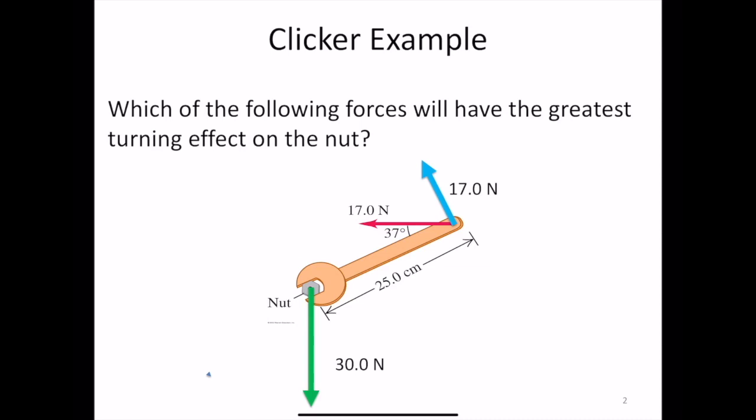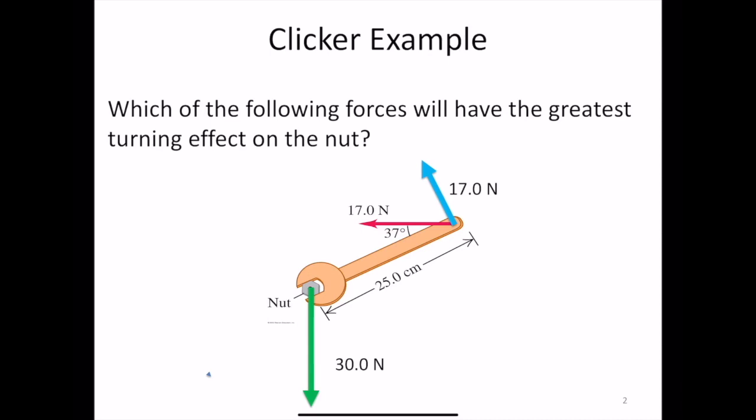The second is a 17 Newton force shown by the red arrow, and the third one is another 17 Newton force indicated by the blue arrow. Which of these do you think has the greatest turning effect on the nut? I'll let you think about this for a moment. Feel free to pause the video if necessary.